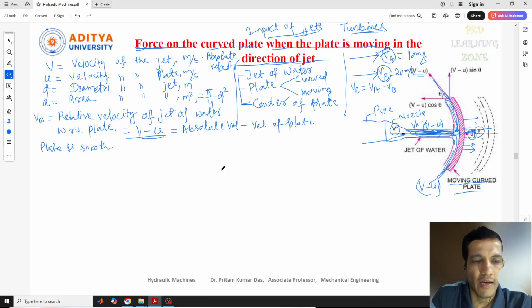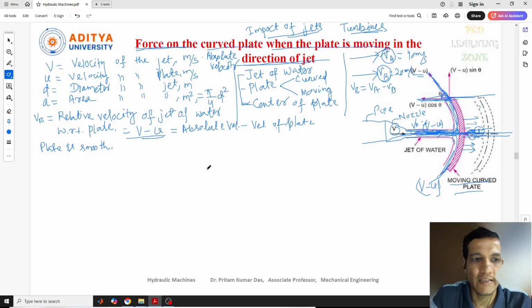Now you can see the jet of fluid coming out from this blade or plate makes an angle of theta with respect to the jet direction.